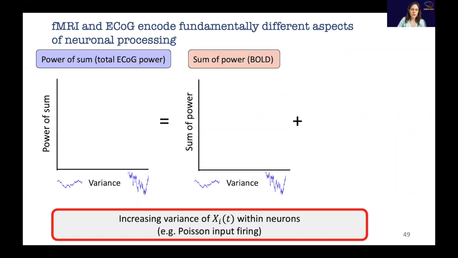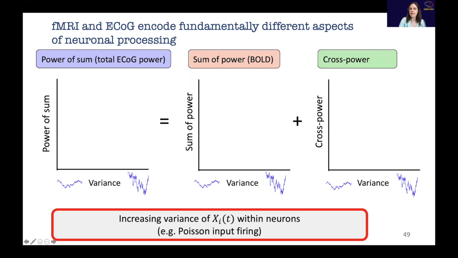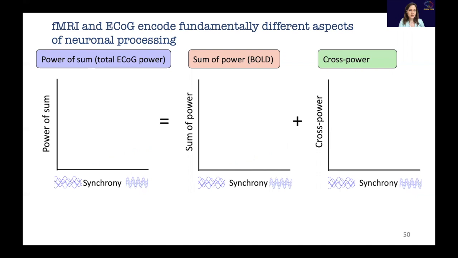And then let's also look at the sum of the power as a function of increasing variance and the cross power that's related to neuronal synchrony. If we only increase the variance in a population of neurons, we see that the power of the sum increases and the sum of the power increases, and these two will be well correlated because this green term stays small. Now let's look at this as a function of synchrony, where we have a population of neurons that's either non-synchronous or synchronous.